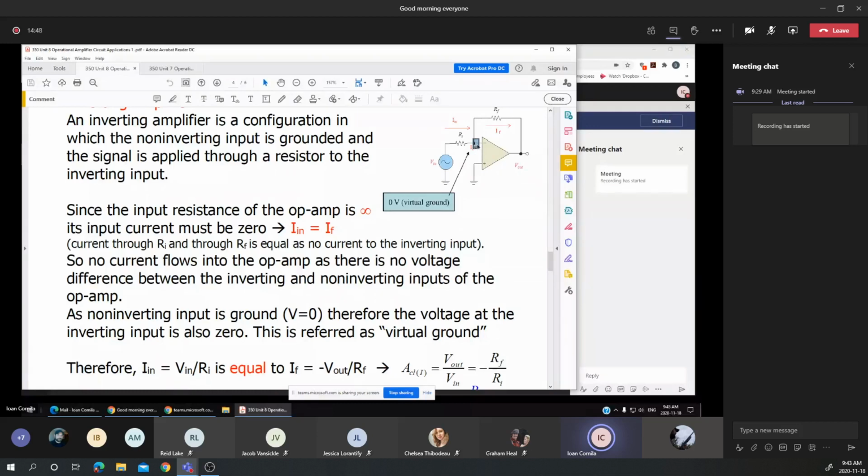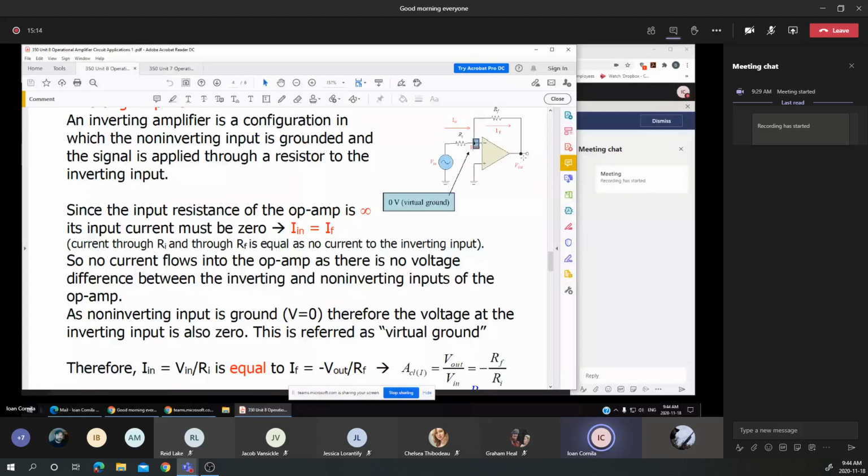On the output, the output voltage is equal to RF multiplied by IF, so we can define IF as the negative V out over RF.